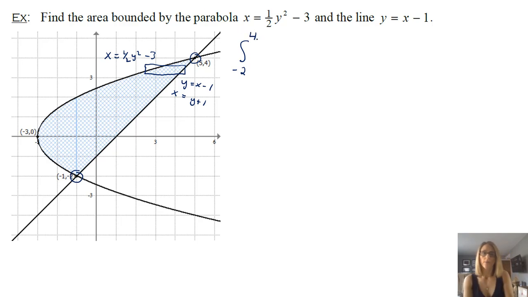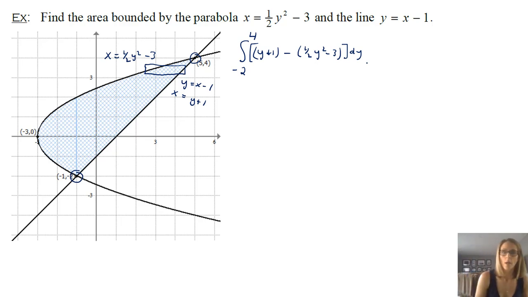Then I'm taking the curve on the right, which is y plus 1, subtracting the curve on the left, which is 1/2 y squared minus 3, and not forgetting to multiply by dy. We want to find the area within this, and this is the integral setup. Now all we have to do is integrate.